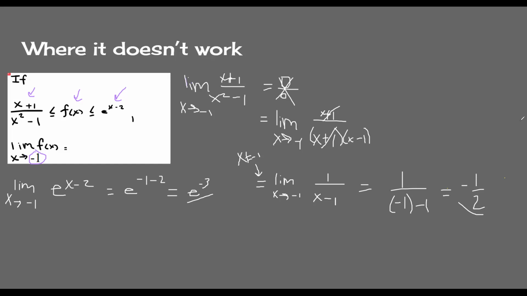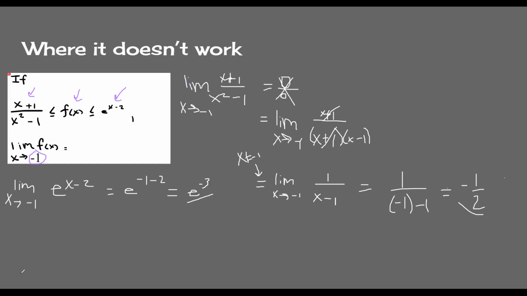Now pay attention to this. You might want to say, because of this, it does not exist. You might be tempted to write that. But the thing about theorems is if it doesn't work, it doesn't mean that the contrary is true. So just because the squeeze theorem doesn't apply doesn't mean that it doesn't exist.